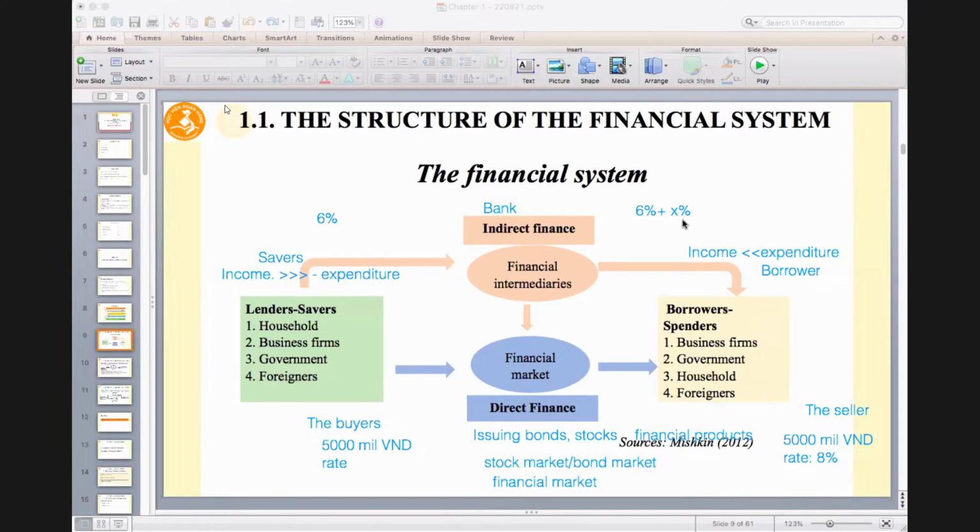Right? Because the bank will have some income when they provide this service to the depositor and the borrower. So there is some difference between the income and the cost that both parties have. Those are the ways the financial system works.